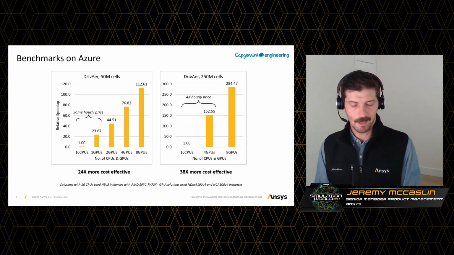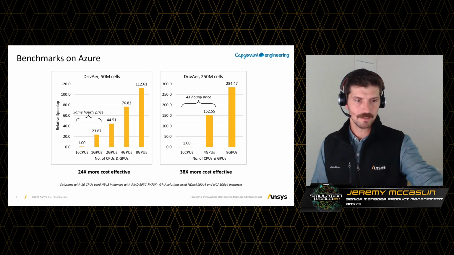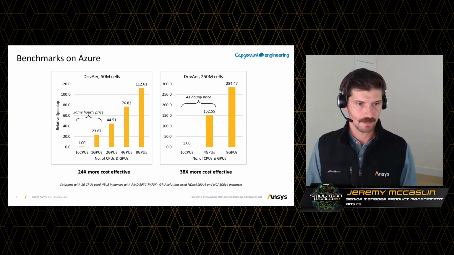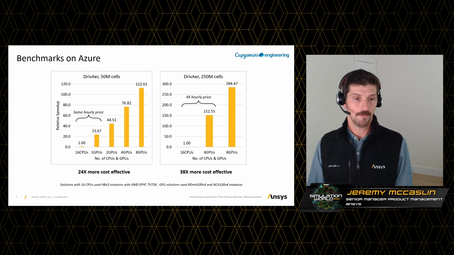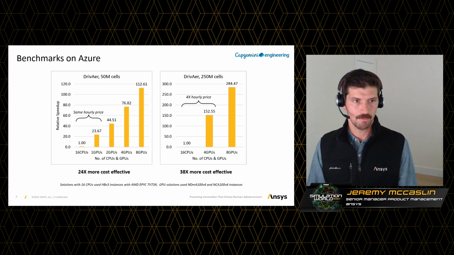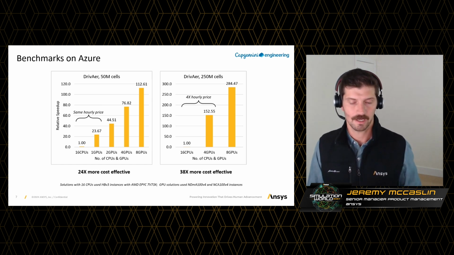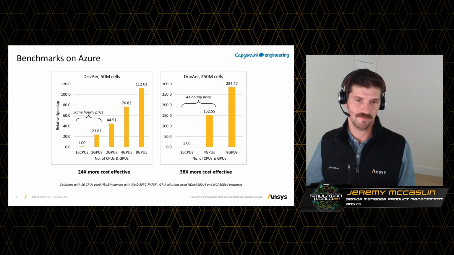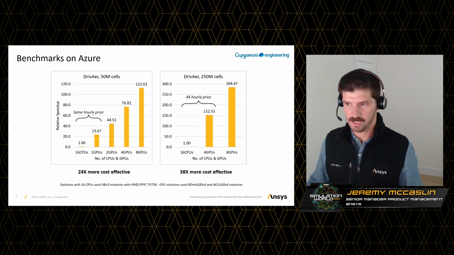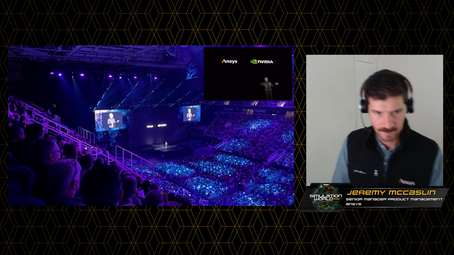And so you'd pay the same amount, and you would get the same result on the left for the smaller mesh, about 50 million cells, about 24x cost effectiveness. On the right, same model but larger mesh, comes out to be almost a 40x improvement in cost effectiveness. So performance throughput, cost savings, right? That's what we're talking about in the context of the solver.